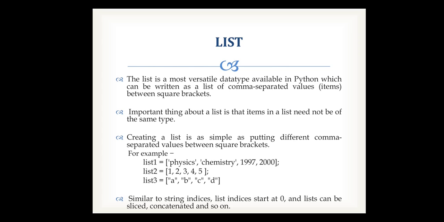We have seen that an array is a collection of elements having a similar data type, right? But here the list is a collection of elements which can have different data types.